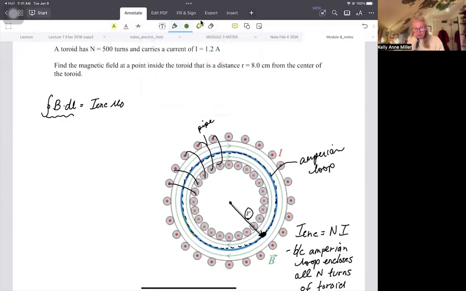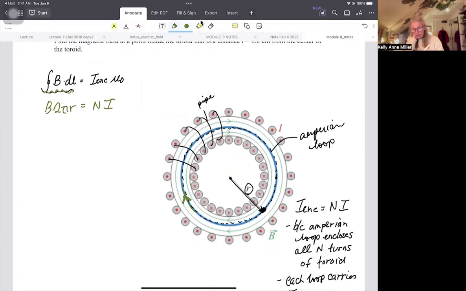The B field is in the same direction as my Ampérian loop, which makes this line integral simple. So the line integral is just B times 2 pi r, the perimeter all the way around that Ampérian loop, equals N I, from what I figured out over here.